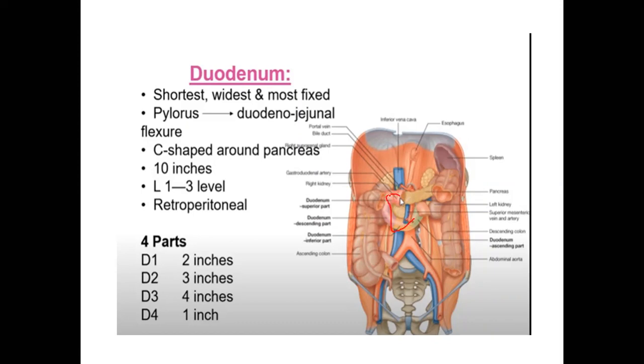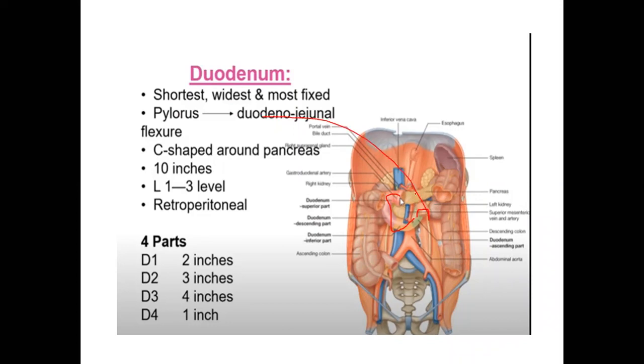Now the duodenum is divided into four parts: the superior part, the descending part, the inferior part, and then the ascending part. From this part, it becomes continuous with the jejunum. The duodenum starts from the stomach.